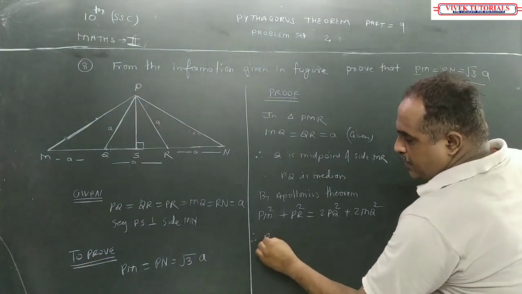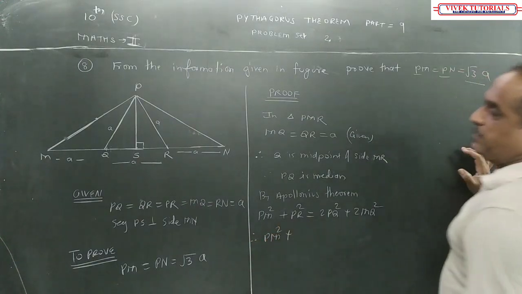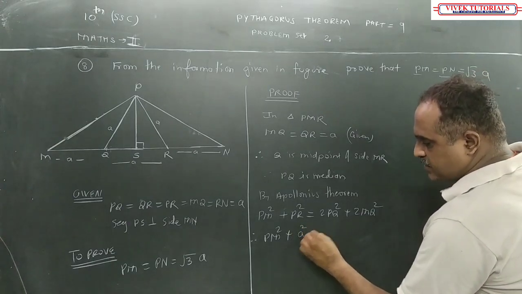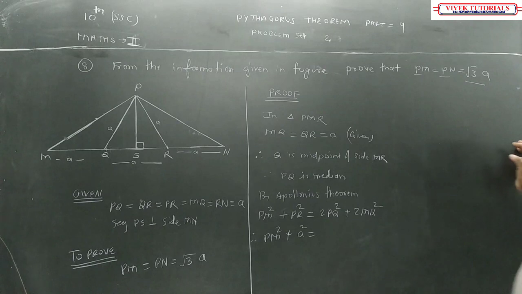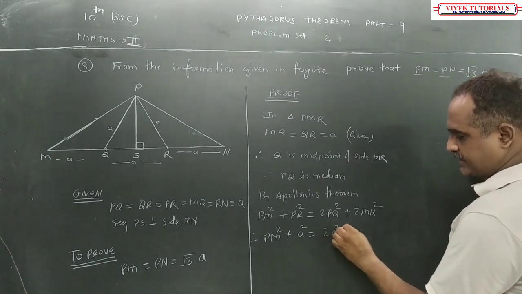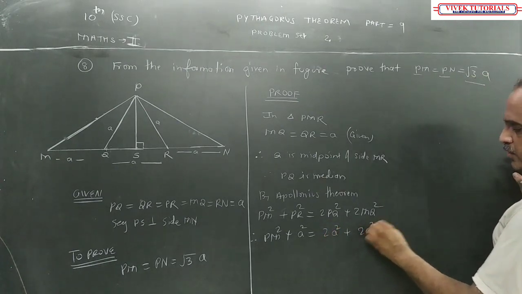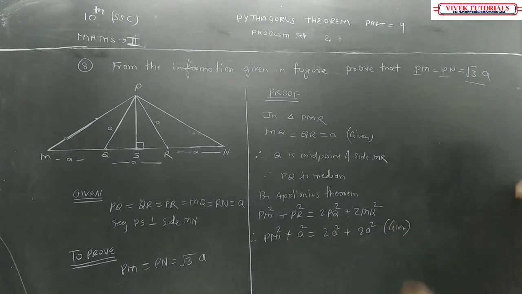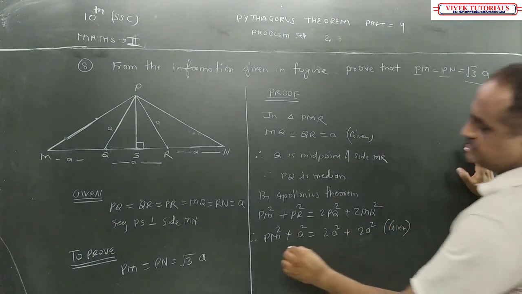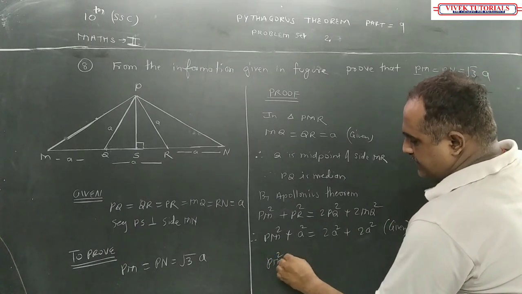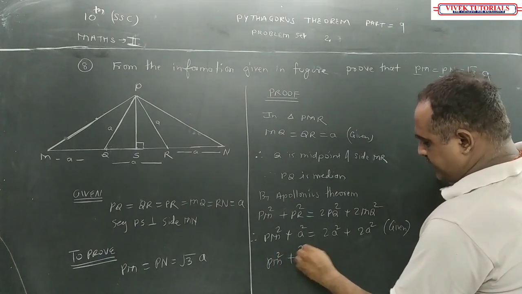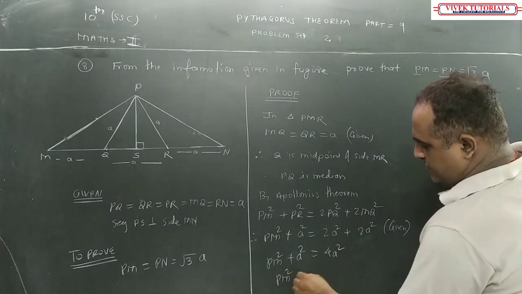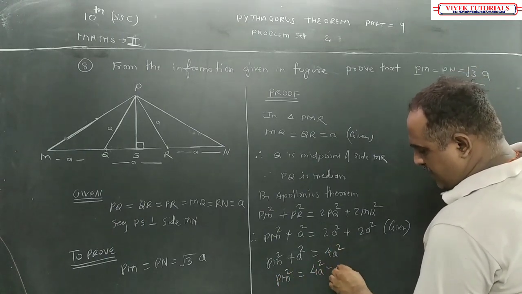Therefore, PM square plus PR square is nothing but a square, plus here also 2 into a square plus 2 into a square. Here we can write given. So PM square plus a square is equal to 4a square, or PM square is equal to 4a square minus a square.